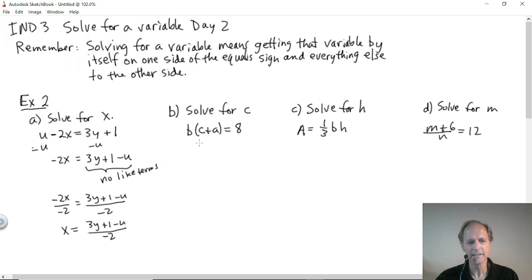Interestingly, this time the thing that's added when we're solving for c, it's a that's added to c, but that's the harder one to get rid of this time, right? It's actually tied more tightly to the c because of the parentheses. So because of those parentheses, the one that's easy to peel off first is the b, right? Let's get rid of that. So divide both sides by b.